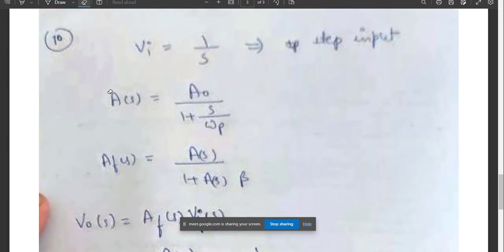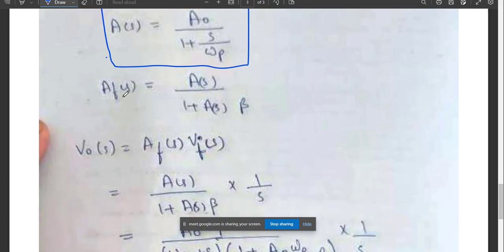For the step input, A of S is A0 upon 1 plus S upon omega p. Now A F of S is A of S upon 1 plus A of S into beta.